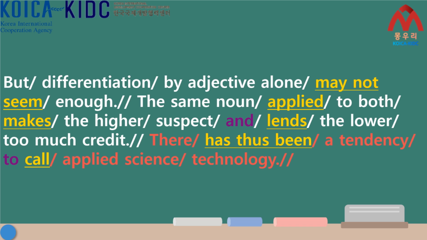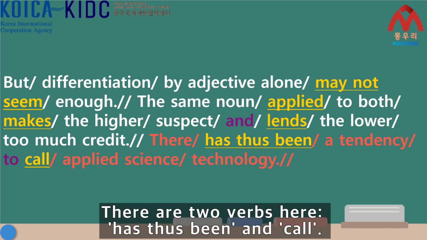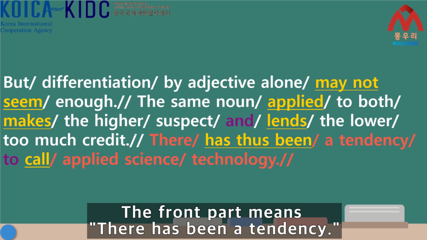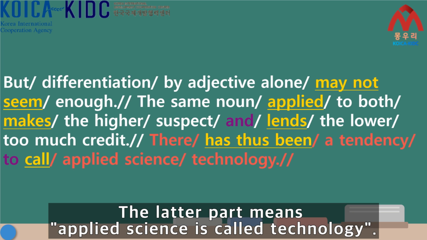There has thus been a tendency to call applied science technology. There are two verbs here, has thus been and call. Verbs are connected in a grammatical way to infinitive. The front part means there has been a tendency. The later part means applied science is called technology.